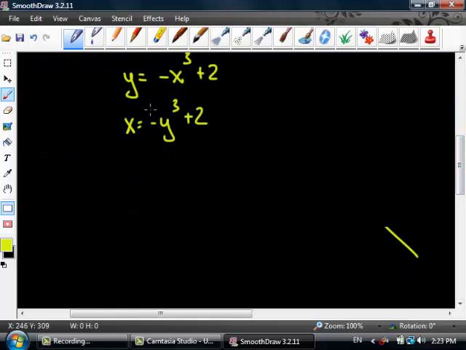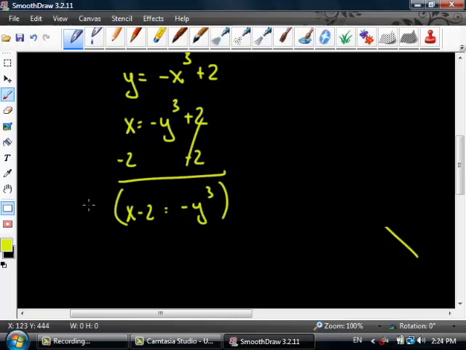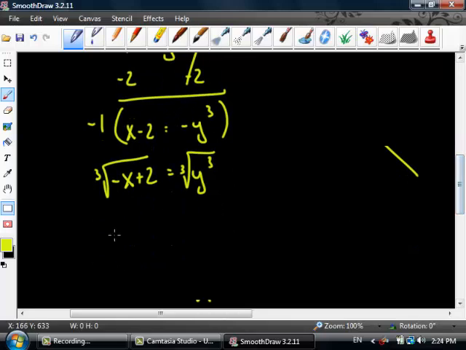And now I solve for y. So I'm going to go ahead and subtract 2 from both sides. I got x minus 2 equals negative y to the 3rd. I'm going to multiply everything by negative 1. So I get negative x plus 2 equals y to the 3rd. And now I'm going to take the cube root of everything. So I get y equals cube root of negative x plus 2.